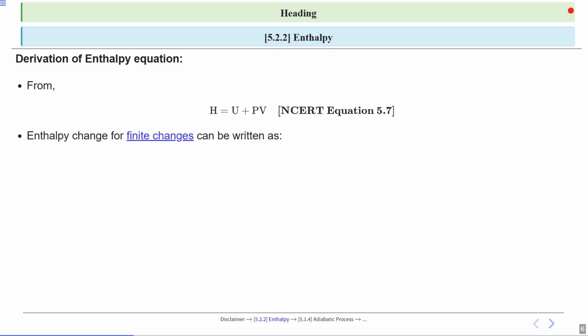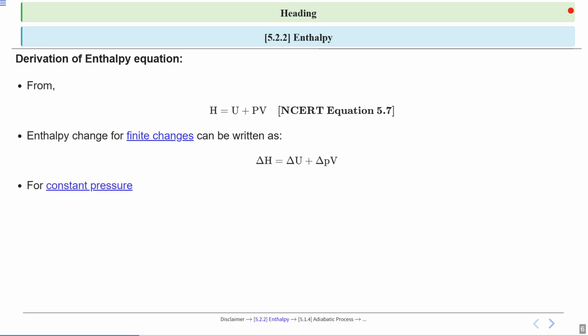We use two things. First is d, small d, and that is used for small amount of change, or you can say infinitesimal change. Okay. And for finite change, what do we use? We use the term delta. So if you just take the change here, it can be written as delta H is equals to delta U plus delta PV.